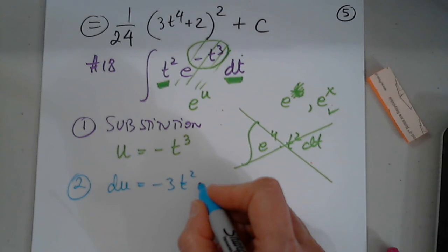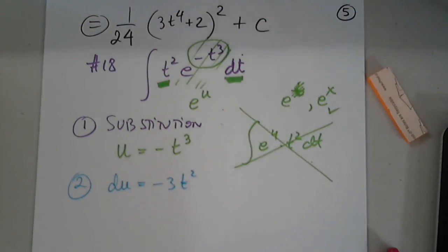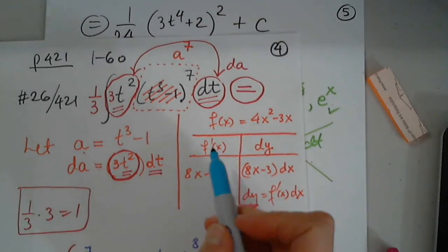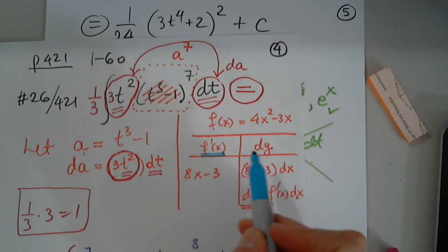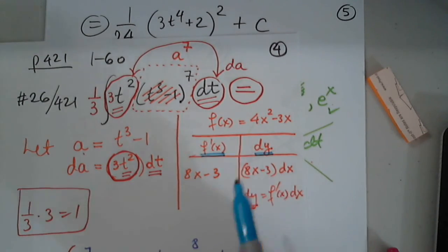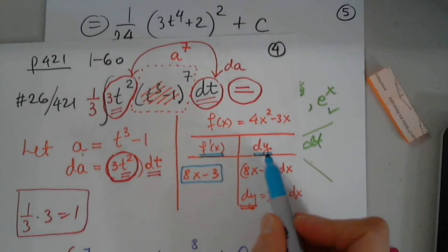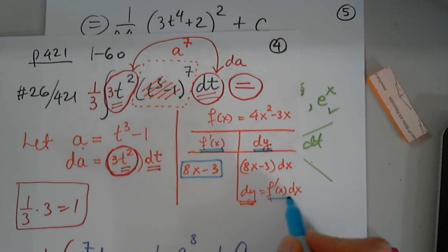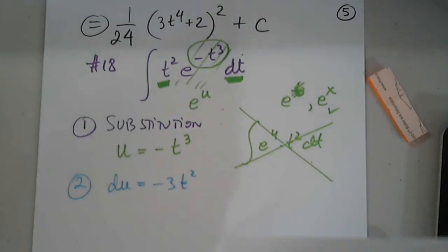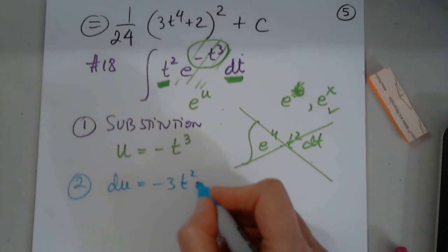We're not integrating. Careful, we're getting confused. So one more time. What is the difference between f prime and dy? F prime is this. Dy is f prime of x dx. Ready? T squared times?